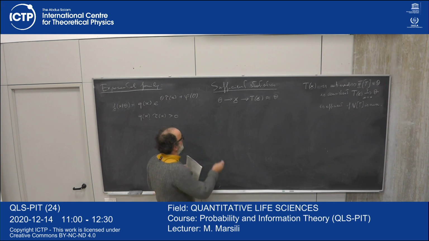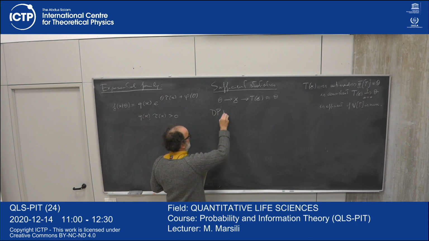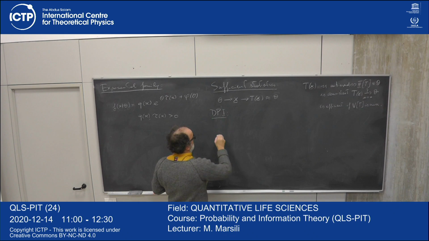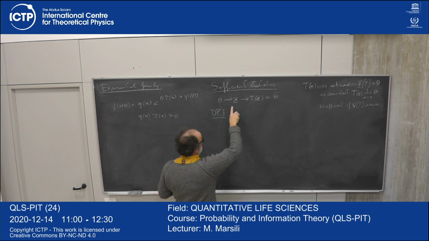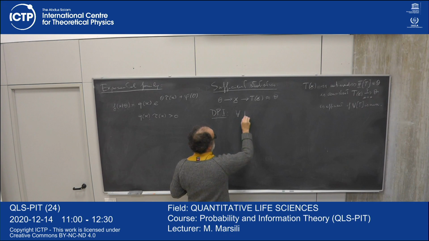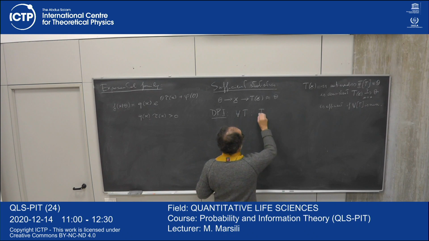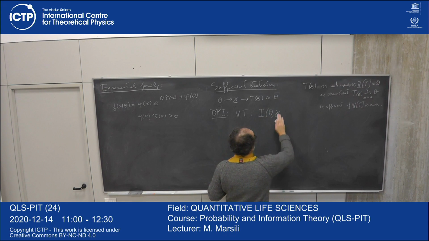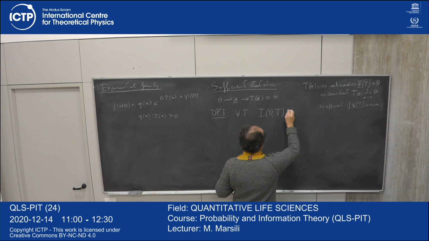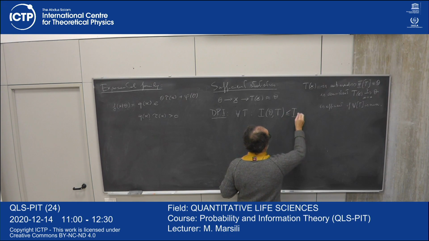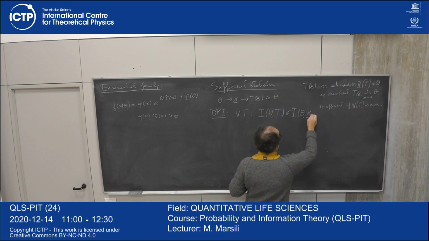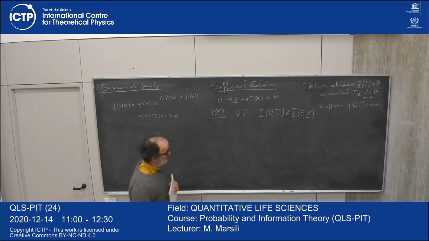And because of the data processing inequality, whatever estimator you choose, the mutual information between your estimator and the parameter that you want to estimate cannot be larger than the mutual information between theta and the sample.